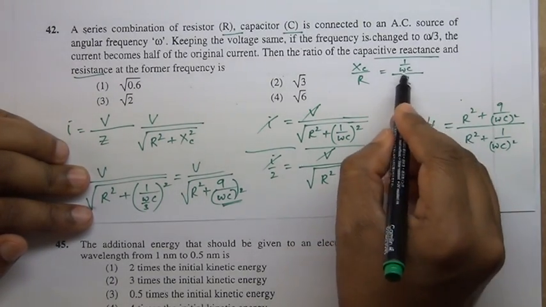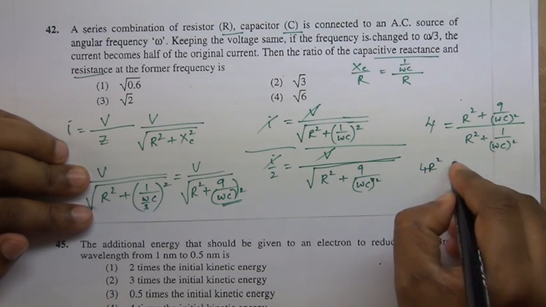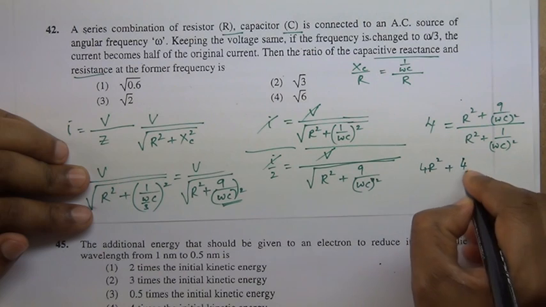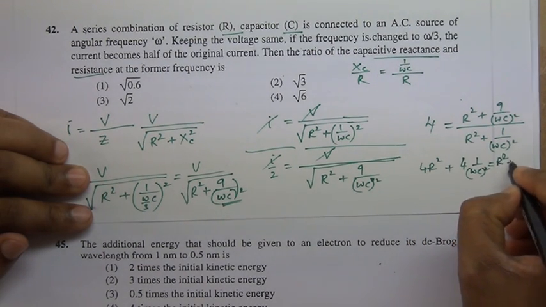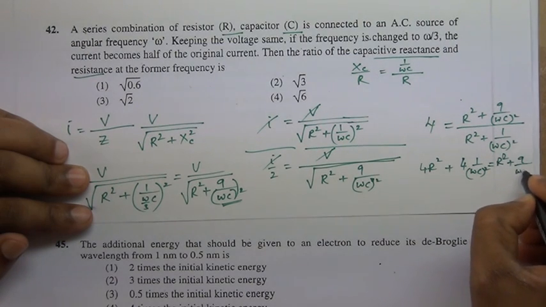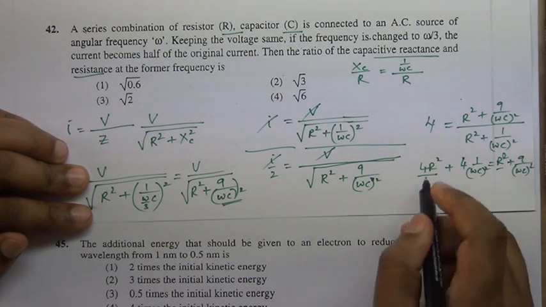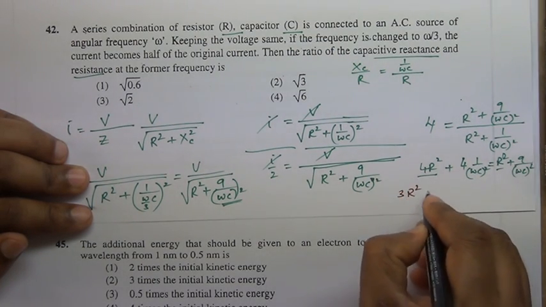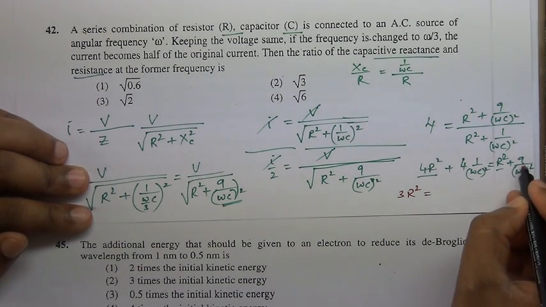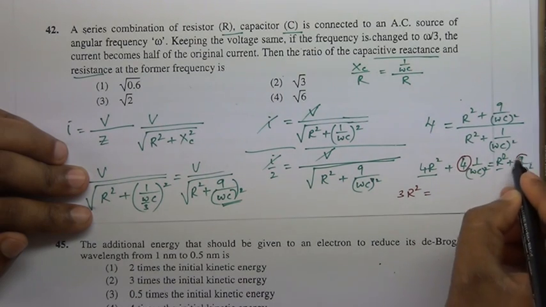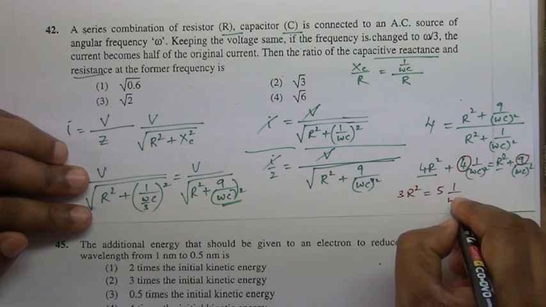So we have to solve for 1 by omega C and R. Cross multiply: 4R square plus 4 times (1 by omega C) square equals R square plus 9 by omega C square. 4R square minus R square is 3R square, equal to 9 minus 4, which is 5 times (1 by omega C) square.